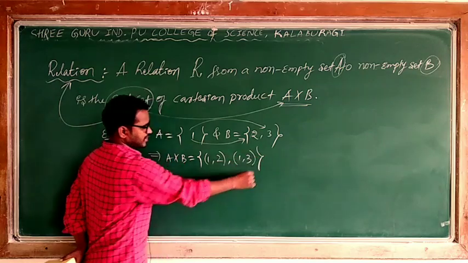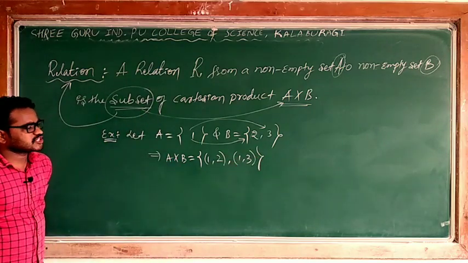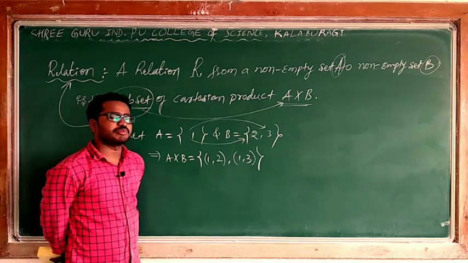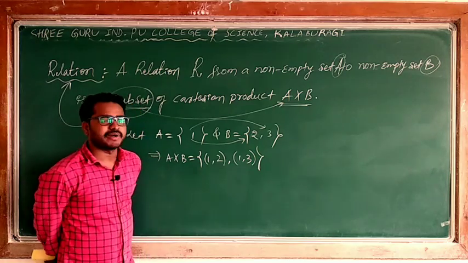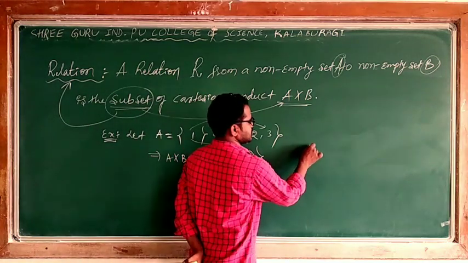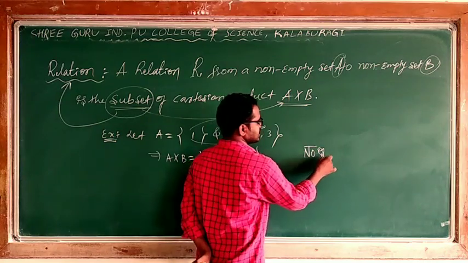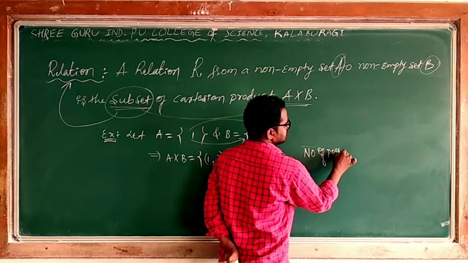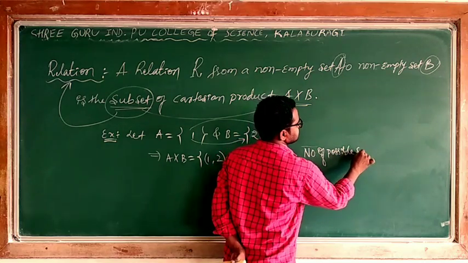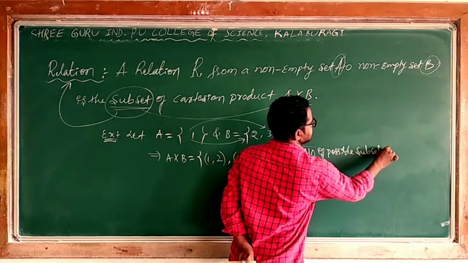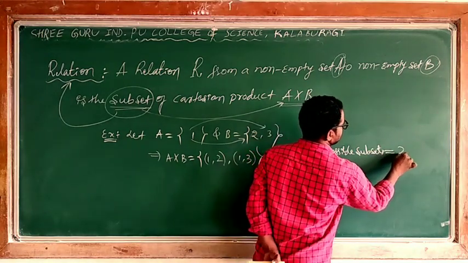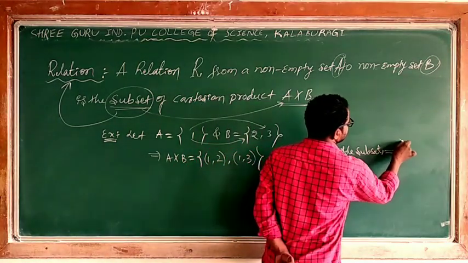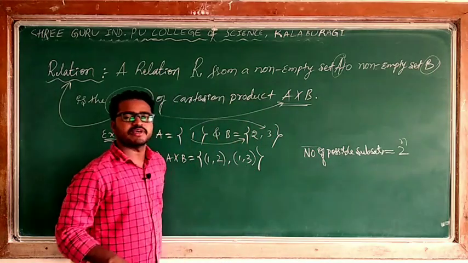Listen to me, this is very important. When A cross B has 2 elements, how many possible subsets can I form? According to power set, the number of possible subsets of any set is equal to 2 to the power n, where n is the number of elements of the given set.